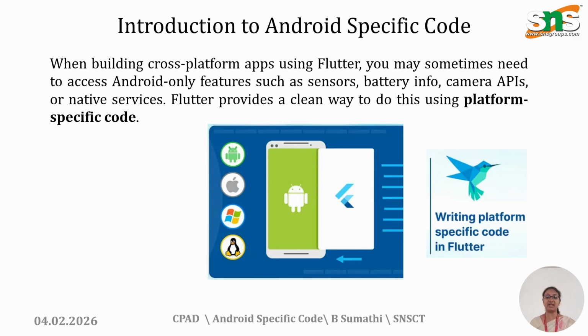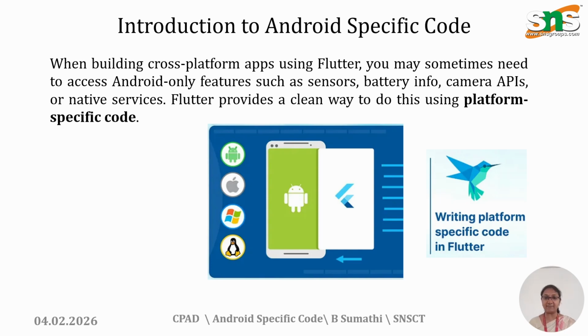Suppose you are developing an application for Android specifically, that application can run on the Android operating system only. Whereas in Flutter, if you are developing applications, they can run on any platform; it is platform independent.